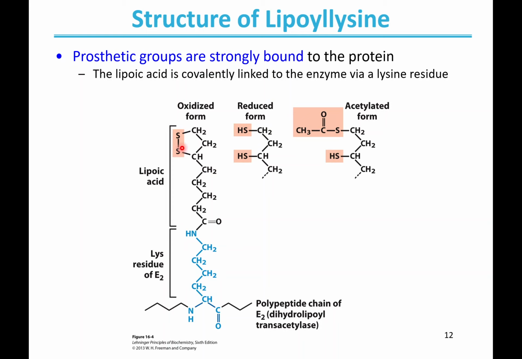The business side, as we mentioned, is the disulfide group here. In the oxidized form, there's a disulfide bond, and it's a 5-membered ring. When it's reduced, these are sulfhydryls, which then can have other molecules attached to them, one of those being this acetyl group.